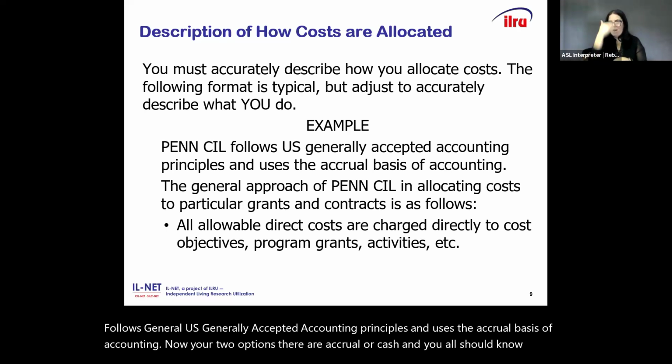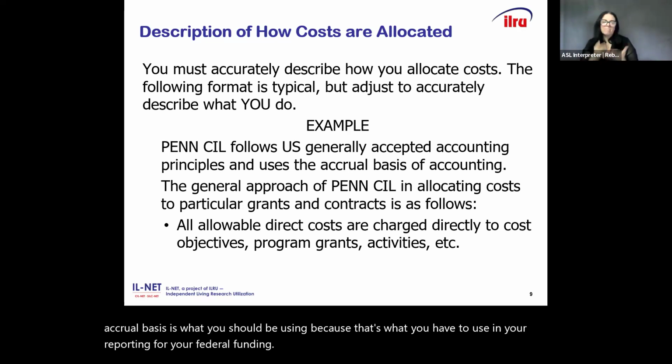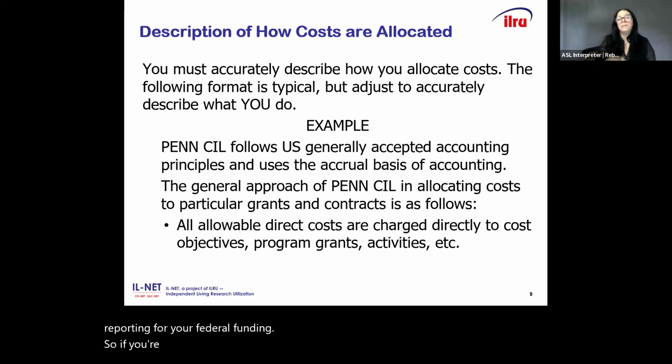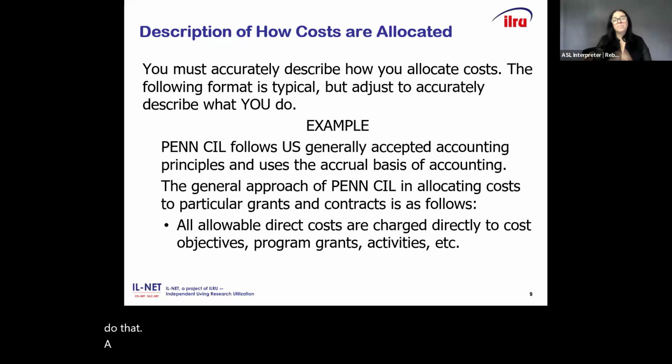An accrual basis is what you should be using because that's what you have to use in your reporting for your federal funding. So if you're using a cash basis, we probably ought to talk about whether you really want to do that. A cash basis identifies everything the day it happens.